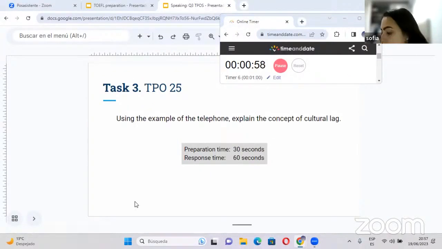According to the passage, culture lag is defined as the period of transition to adjust to technology change. In the lecture, the professor gave the example of the telephone. He explains that first people were not used to the telephone and they thought it was rude because they couldn't see the person and maybe it could bother them to call them always.